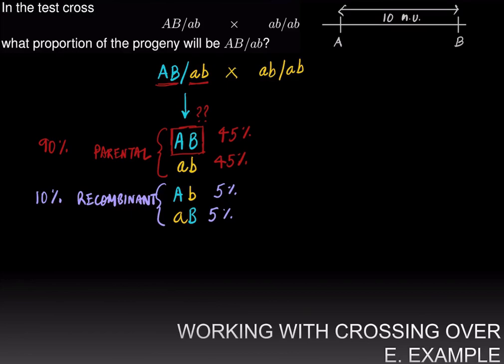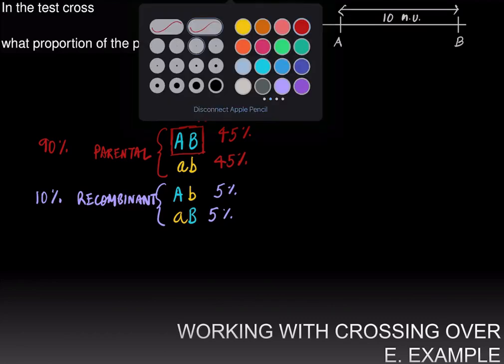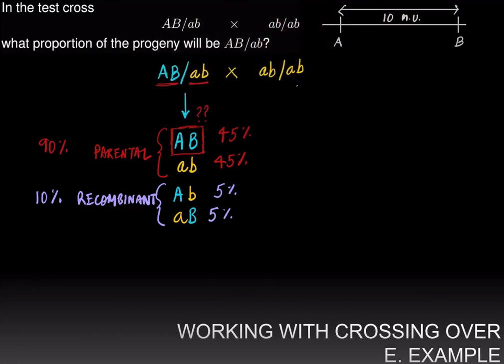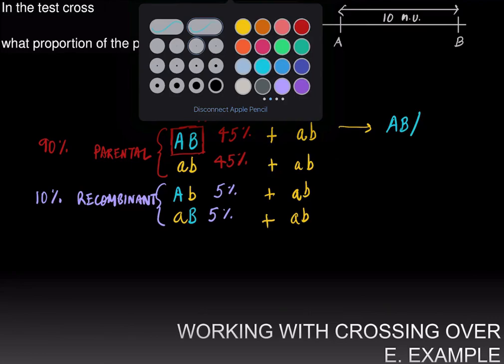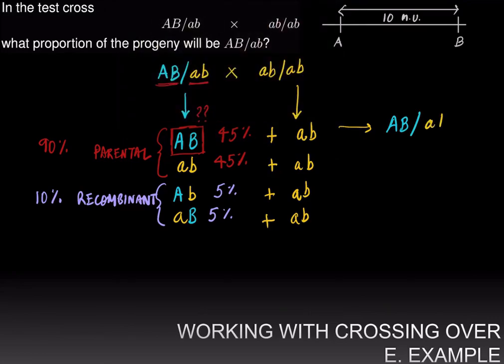And this, since the tester individual produces all little a, little b gametes, 45% of the progeny will have the genotype big A, big B, little a, little b.